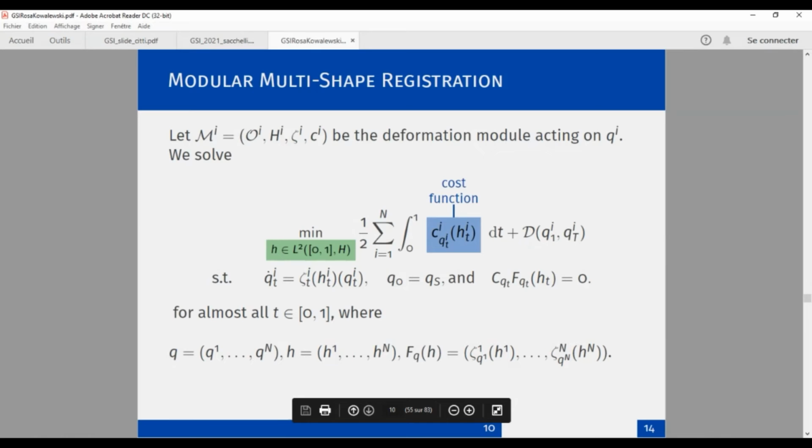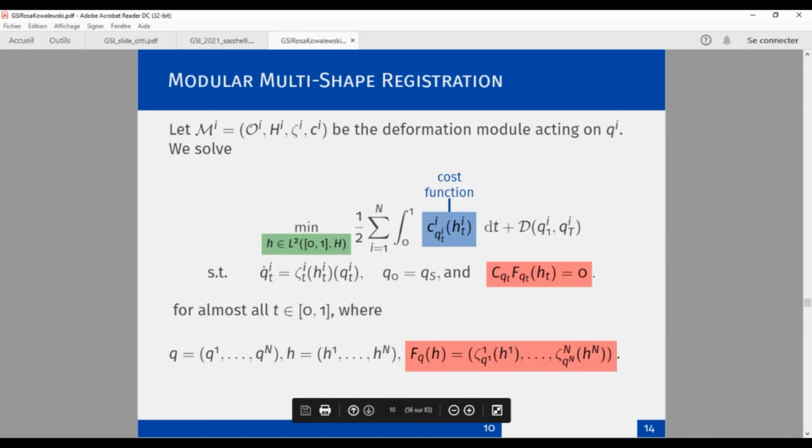Then we replace the regularity term with the sum of all cost functions. And we have the same type of boundary constraints where now CQ acts on the set of modular vector fields, so on the set FQ of H, which are the vector fields created by each module.